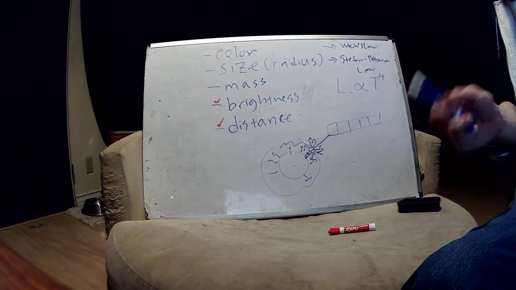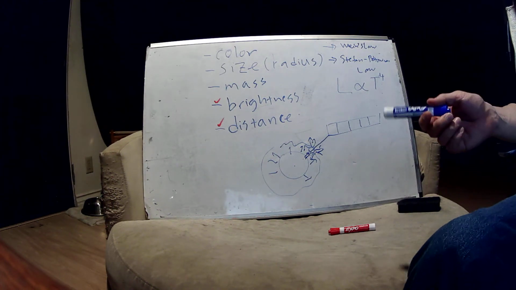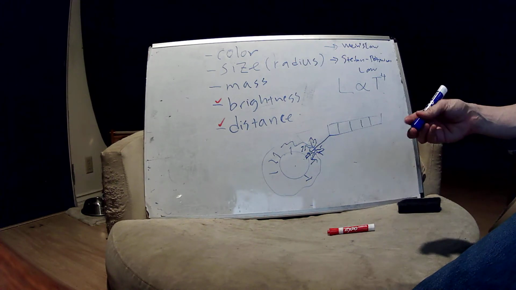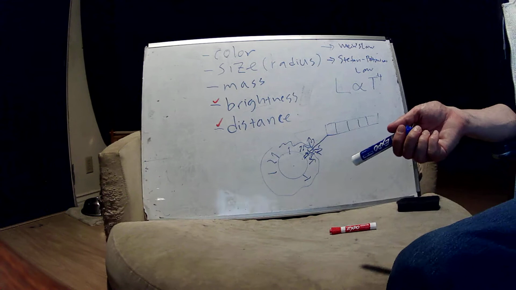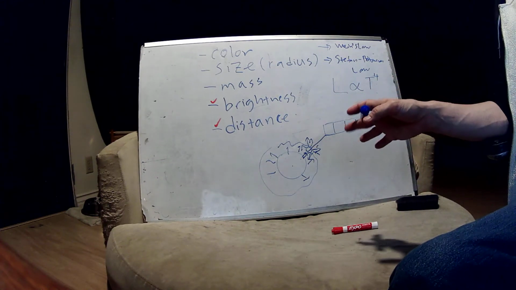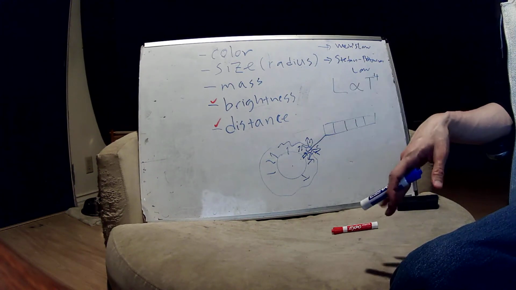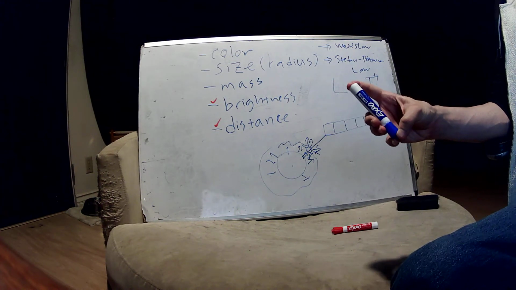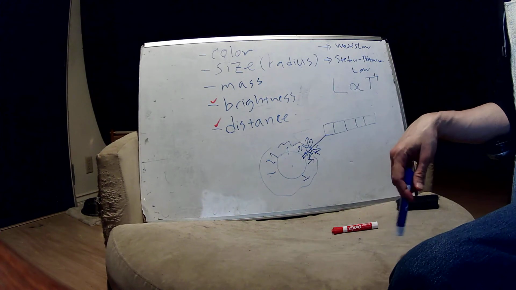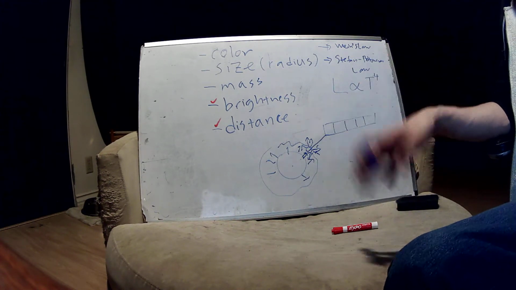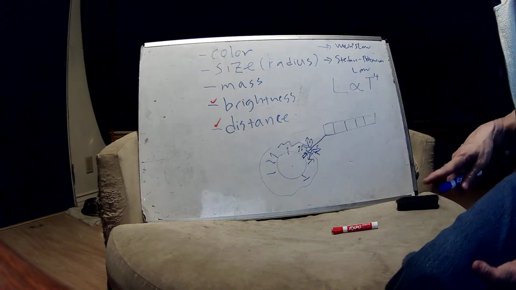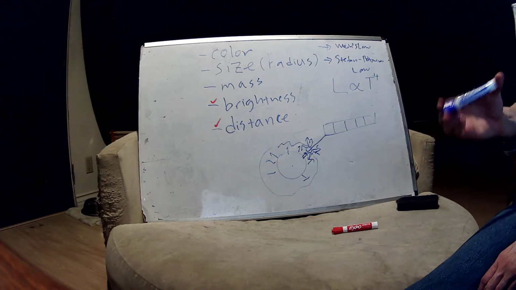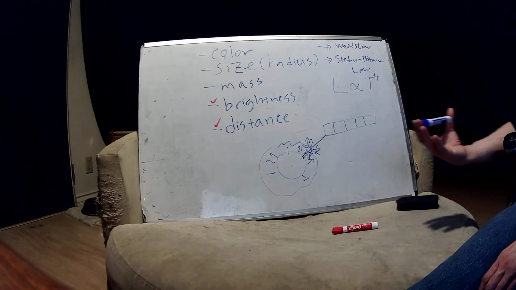Now this tells us a few things. We've been able to look at just about every star that gives off pretty much every kind of light. As a matter of fact, we've been doing astronomy in the infrared and ultraviolet and X-ray and all that stuff, and it turns out that black holes are the brightest objects in the universe at the X-ray portion of the electromagnetic spectrum. But for most stars, just about all of them in fact, the brightest colors that they give off are in the visible range.